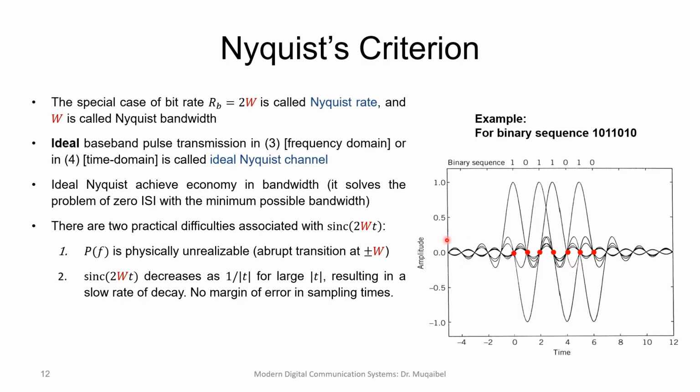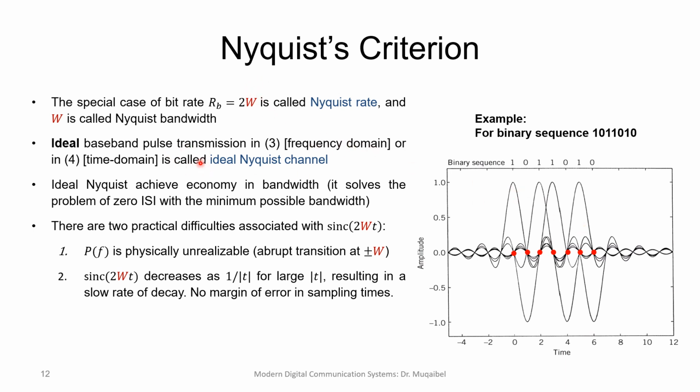So this diagram shows you a sequence of ones and zeros. Although pulses smear, they overlap. At the point of interest, they give you 0. The special case of the bit rate equal to 2W is called the Nyquist rate. If you transmit at exactly twice W, then you can get 0 ISI.